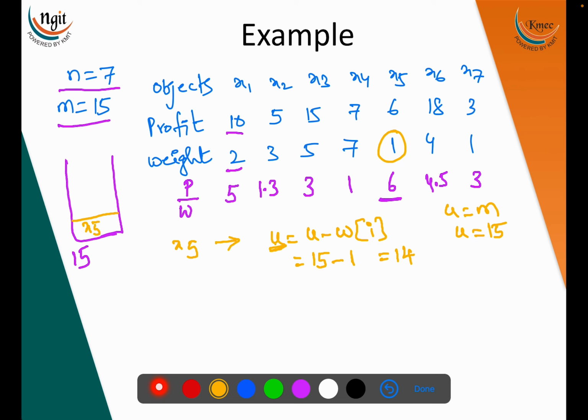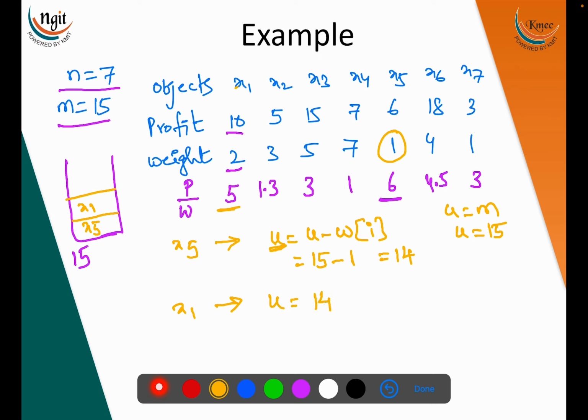Now, which item has the maximum P by W value? After this 6, you find it is 5. What is 5? X1 object. Now I am placing the X1 object. By the time I place X1 inside of the knapsack, bag capacity is 14.